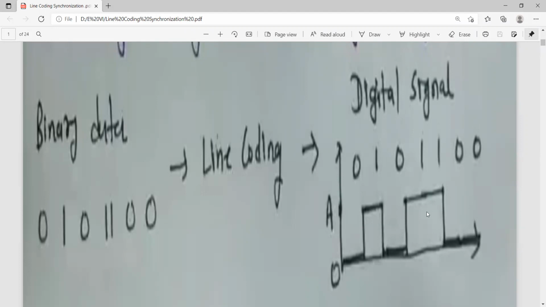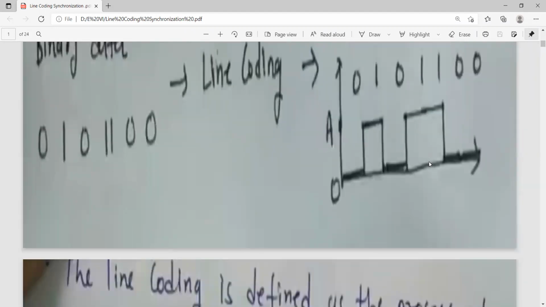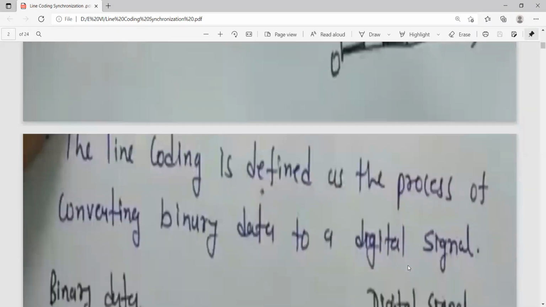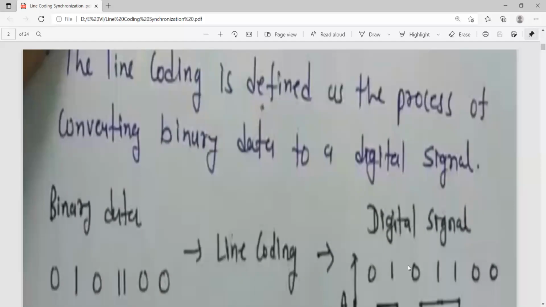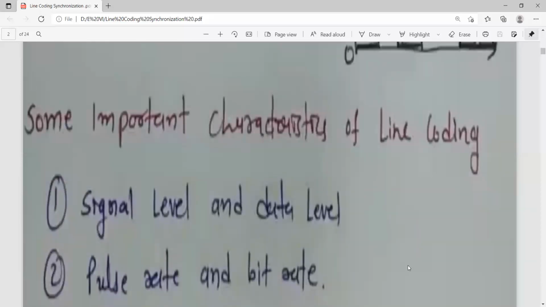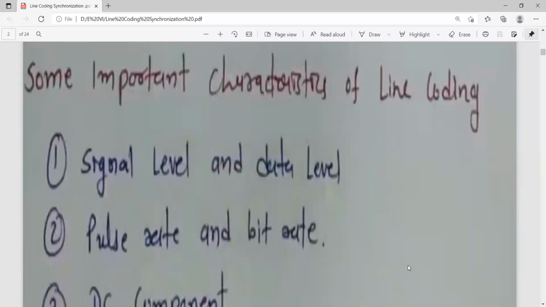So this is the general format, which is generally called a signal. The data appears in a signal format like this. So line coding is defined as the process of converting binary data to a digital signal format. Now, there are certain characteristics of line coding.